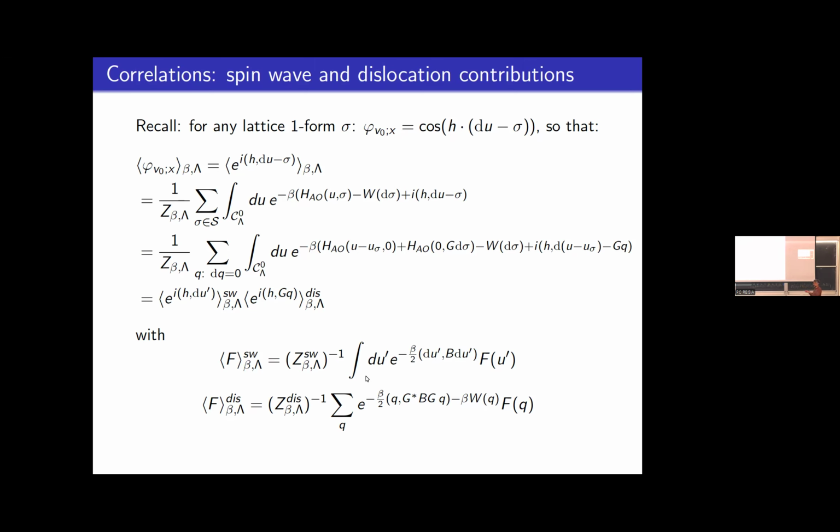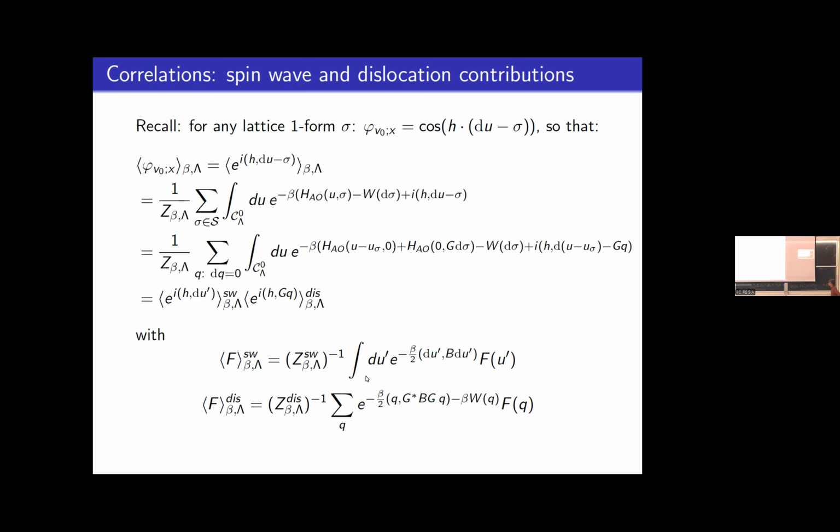The analysis of the Villain model is a little simpler. For the Villain model you have exactly the analogous factorization at the level of the Gibbs measure. You don't have it for the XY model, but once you understand this, there are additional technical complications, but morally things work.